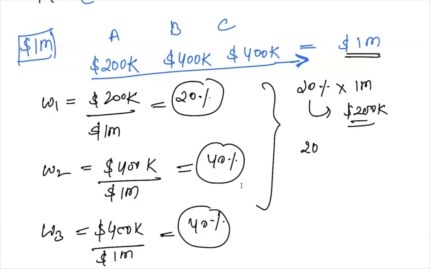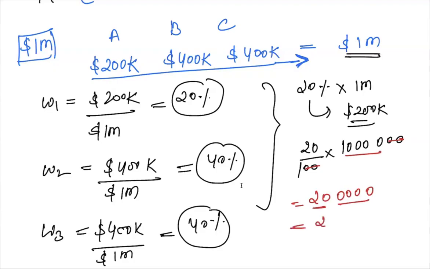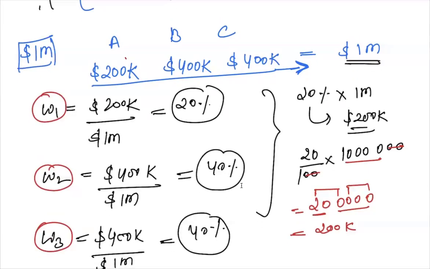If you just do the math, 20% of $1 million, we have four zeros, so how much is this? 200k, right? So what I'm saying here is you calculate the weights, whatever money you have invested in an individual stock. The first thing is to calculate the weights.